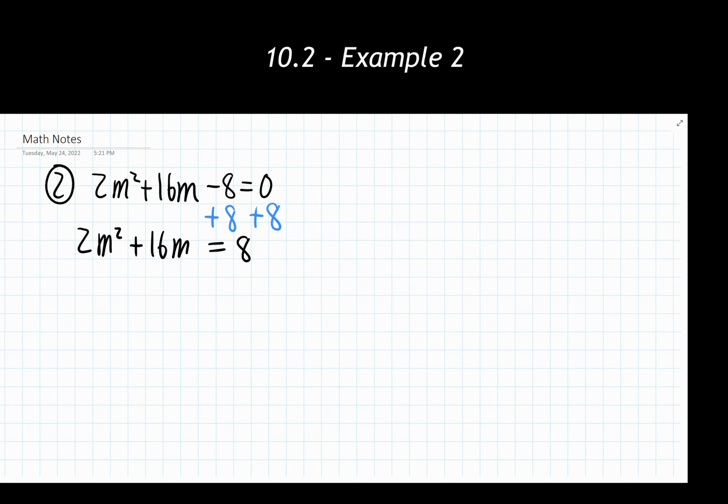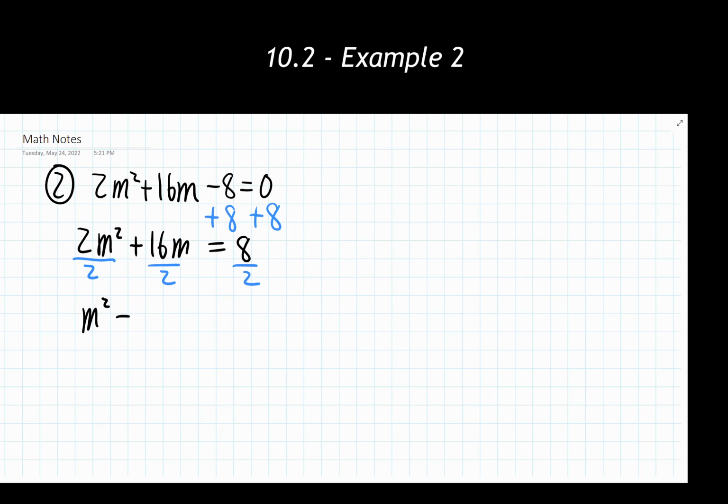Our second step says to obtain a coefficient of 1 for x squared, in this case m squared, by dividing all terms by the coefficient of x squared. My coefficient here is 2. I absolutely need that to be a 1 to go through this process of completing the square, so I need to divide every single term by that 2.